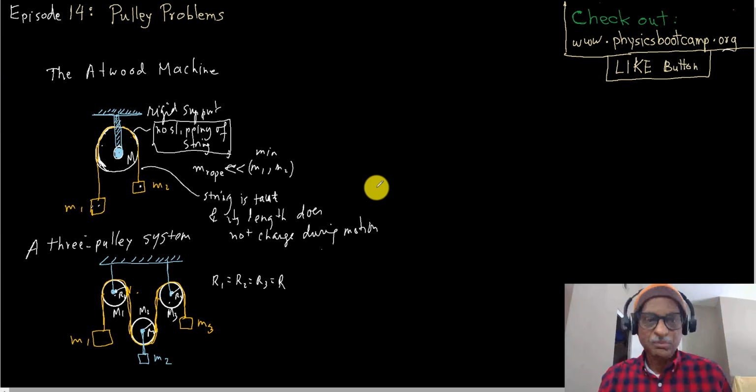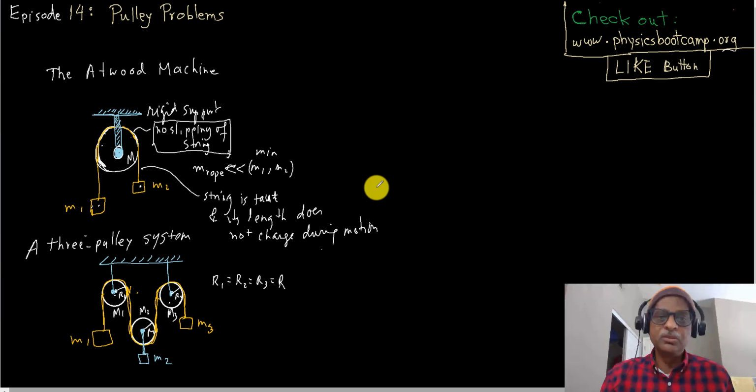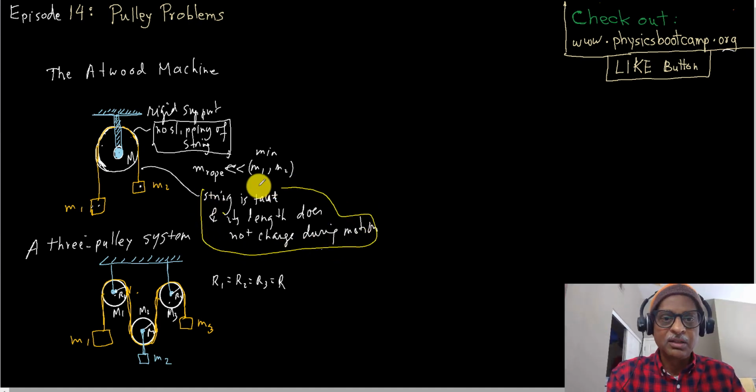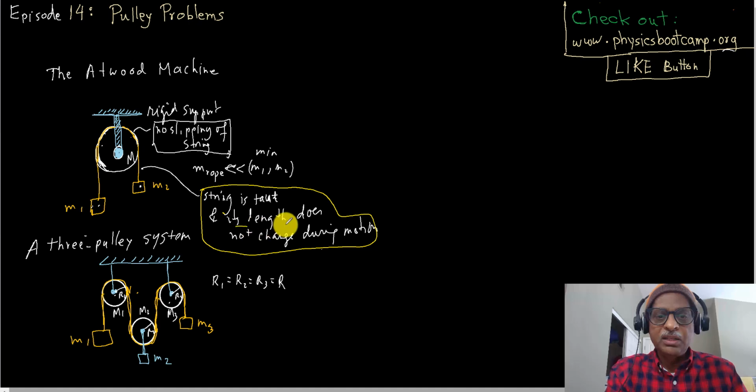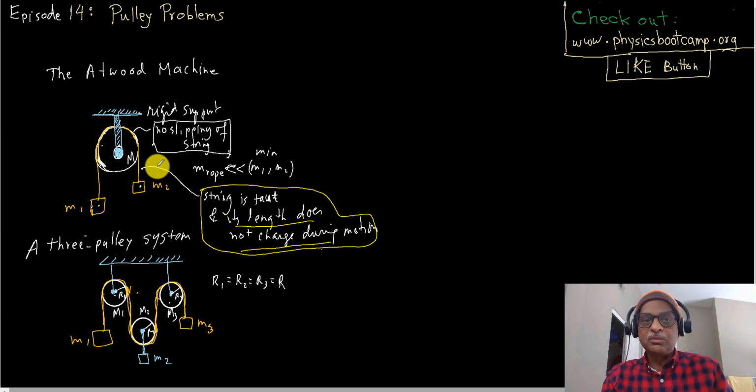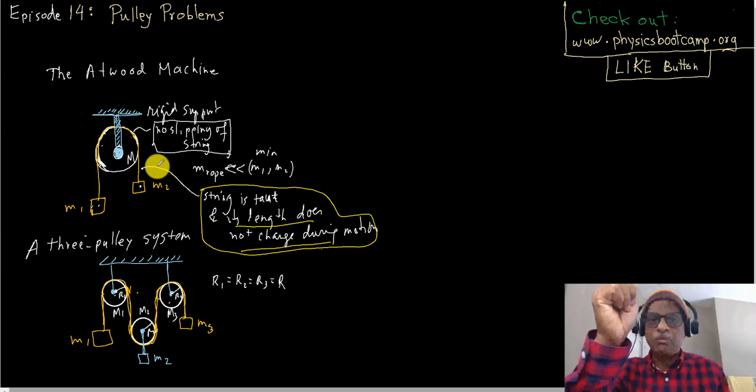So those are some of the assumptions that go into it, and this is a very critical assumption, and it tells you there is a constraint in the system. If the length is not changing, then the motions of M1 and M2 are connected. Say M1 is going down, M2 is going up.